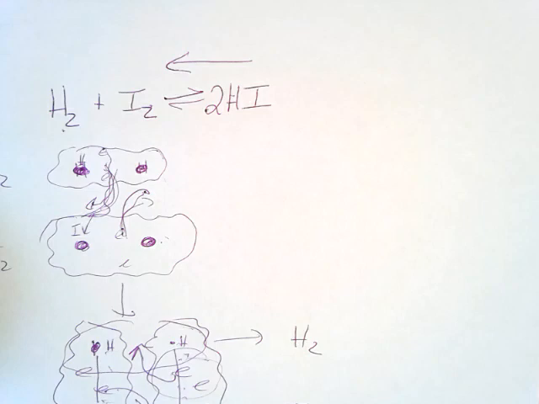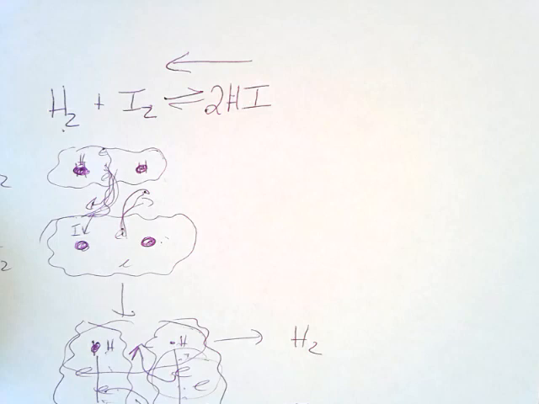So at high concentration, right at time zero, you're going to be producing two HIs fairly rapidly. So maybe picture the HIs as a different color to help set them apart.